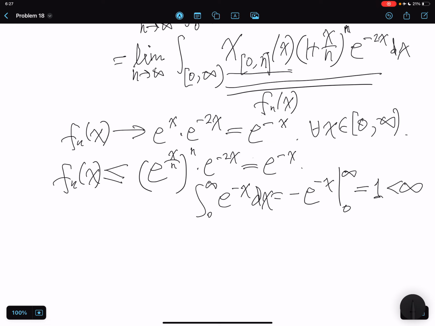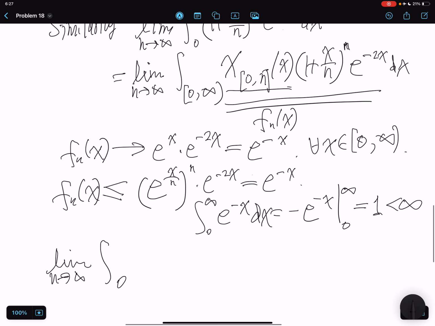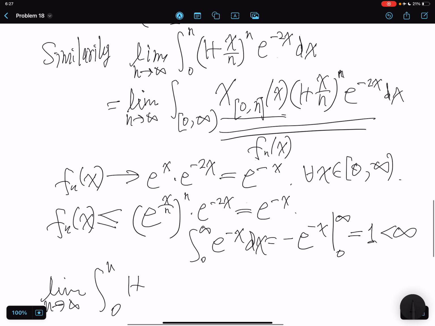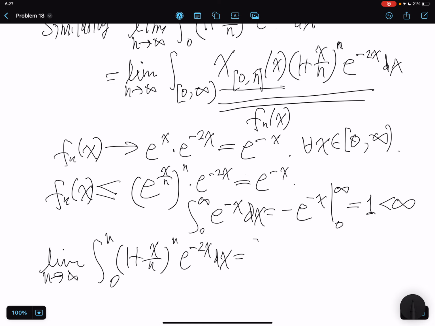So finally the limit as n goes to infinity of the integral from 0 to n of (1 + x/n)^n e^(-2x) dx is just the integral from 0 to infinity of e^(-x) dx, which is 1. That's it.